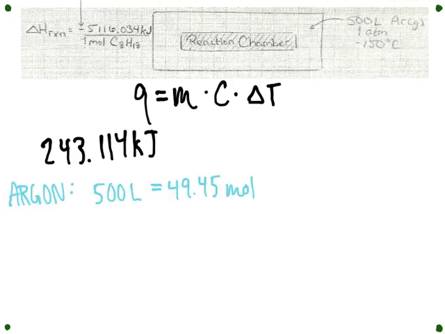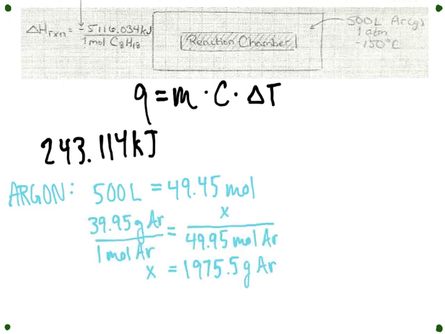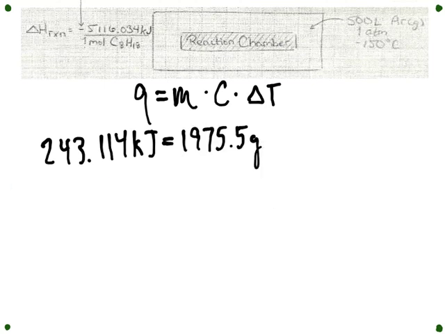Our mass is 500 liters of argon, or 9.45 moles. Converting to grams using the molar mass of argon, 39.95, you should end up with 1975.5 grams of argon, which we will use as our mass. And the specific heat of argon is 0.5203 joules per gram degrees Celsius.